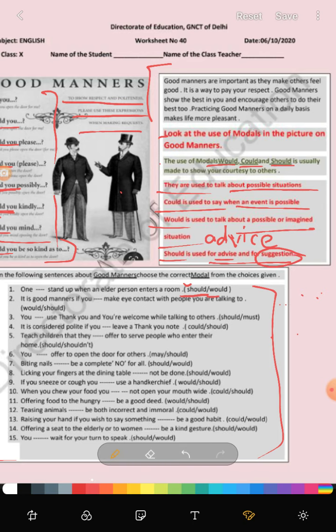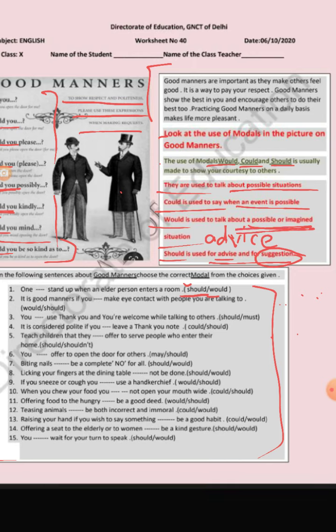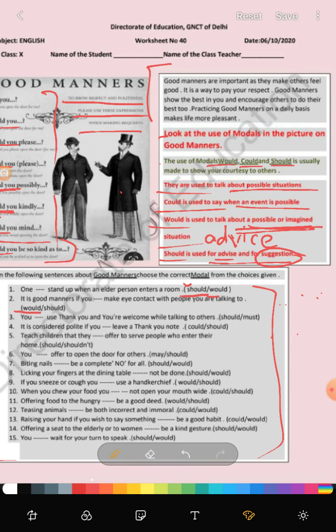Okay, then it is good manners if you make eye contact with people you are talking to. Here you are being suggestive. You are talking about a possible situation. So would: it is good manners if you would make eye contact with people you are talking to. You use thank you and you are welcome while talking to others.